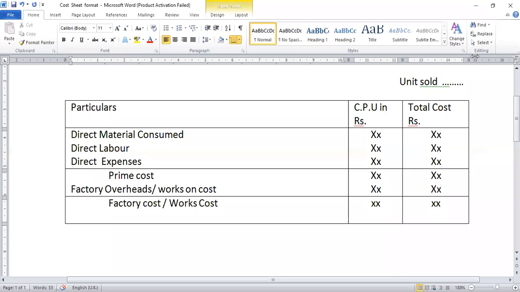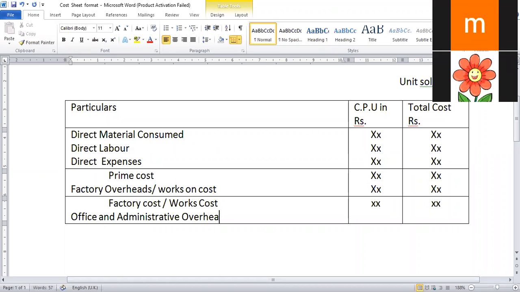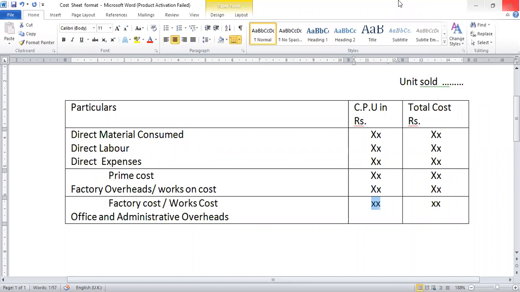Then in factory cost or works cost, we are going to add office and administrative overheads. Office and administrative overheads. We are going to add these in the factory cost.